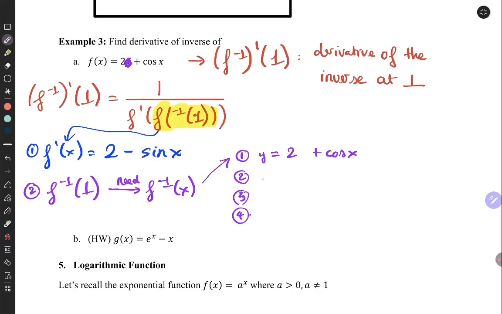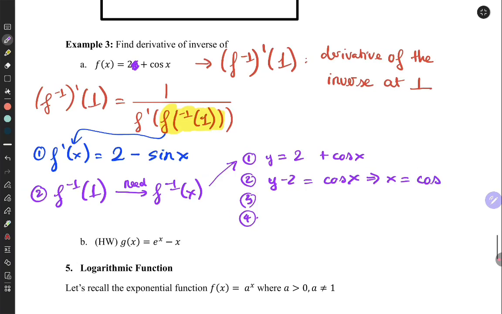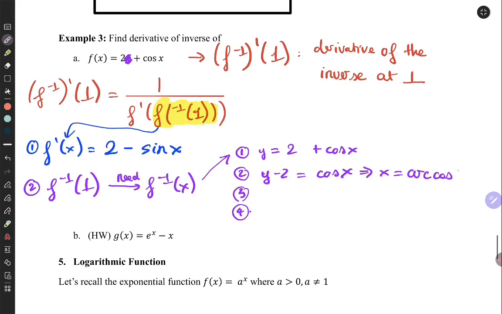So y minus 2 equals cosine of x. Here is where you want to find the inverse function of cosine. x equals inverse cosine, or arccosine, of y minus 2.